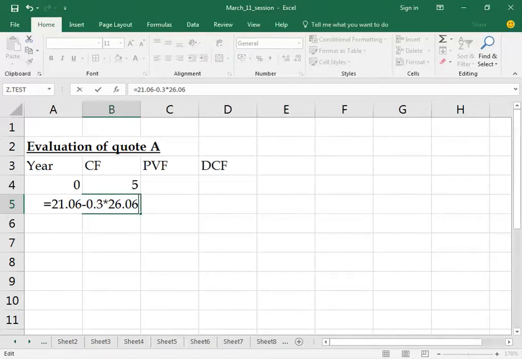The 5 lakh payment also will get the tax benefit. So 5 lakh will go to my P&L, 21.06 will also go to P&L. So on that 26.06 I'll get a 30% benefit. Then for year 2 and year 3, I can straight away write the after-tax figure. So year 1 is 21.06 minus 0.3 into 26.06.